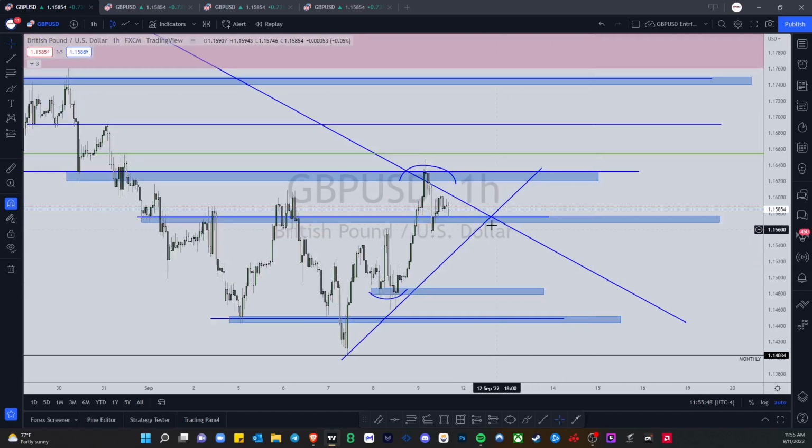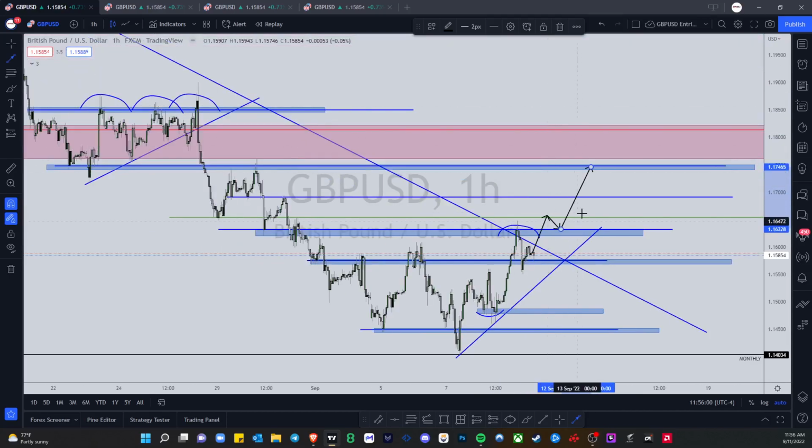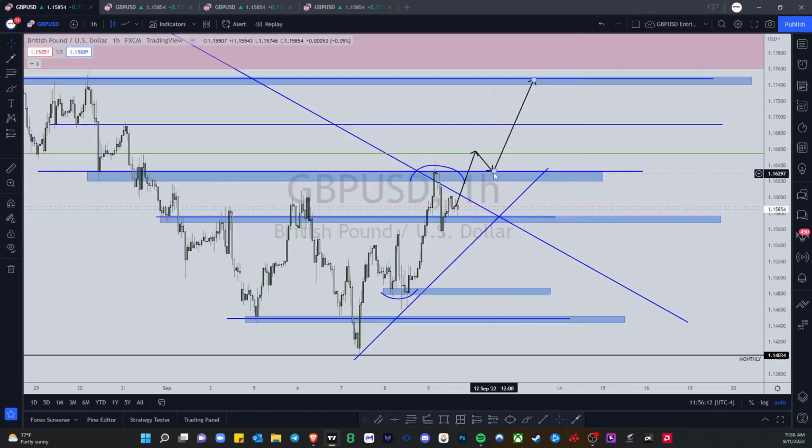We'll have to break this, and we'll have to do something like this, break it, right? Retest and go all the way up. Right, it's this one. Alright, so for me to retest, right?